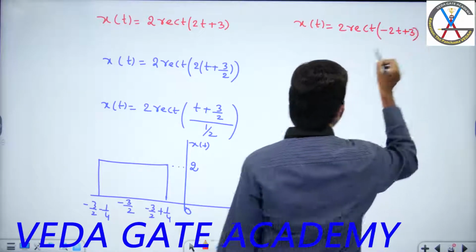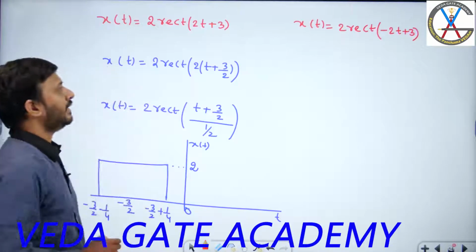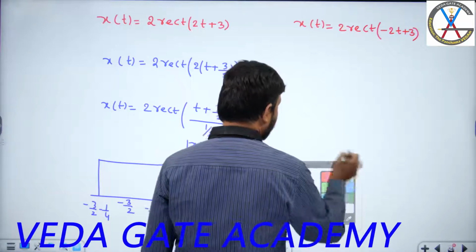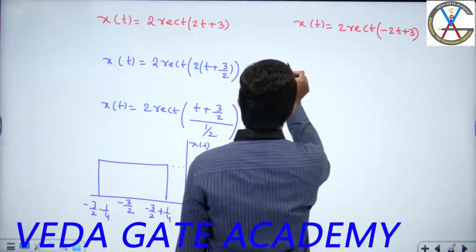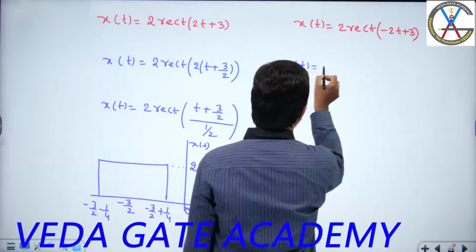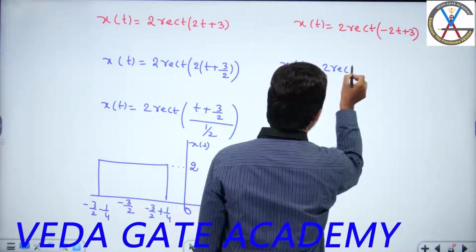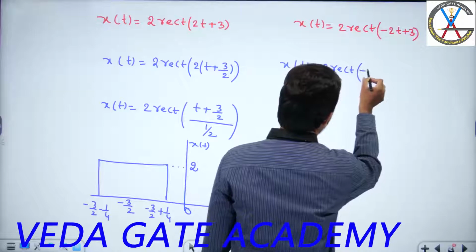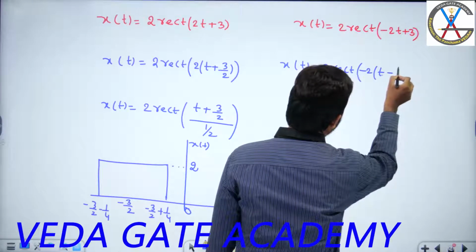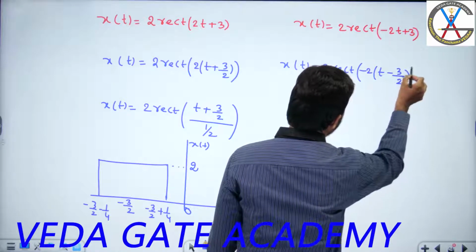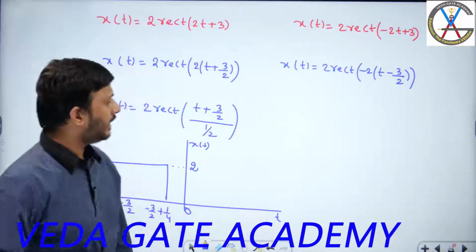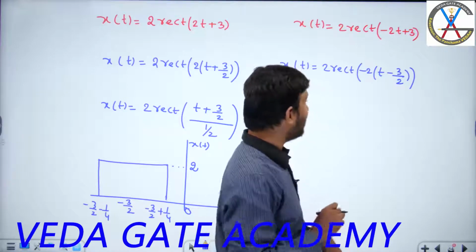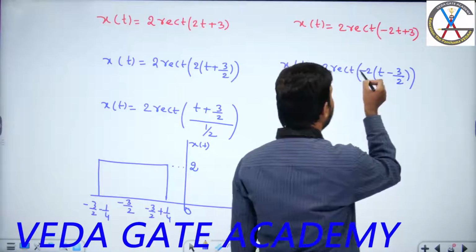So how are we going to simplify this? x of t is equal to 2 rect of, do one thing, take minus 2 common, t minus 3 by 2. Here the minus, as our rectangular pulse is even, will not have any significance.